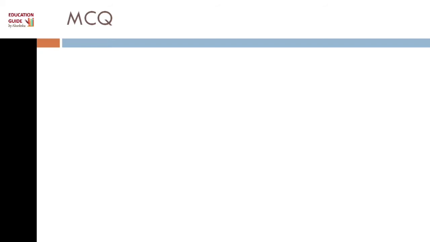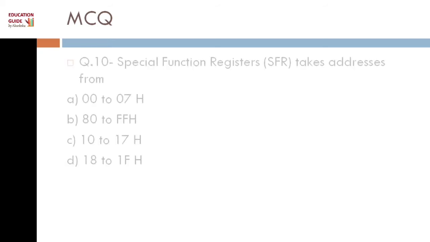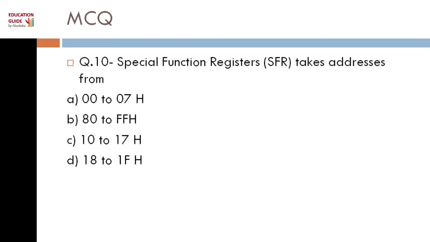Now I will discuss some MCQs of the 8051 microcontroller. First one is: special function register takes address from 00 to 07H, 80 to FFH, 10 to 17H, or 18 to 1FH.